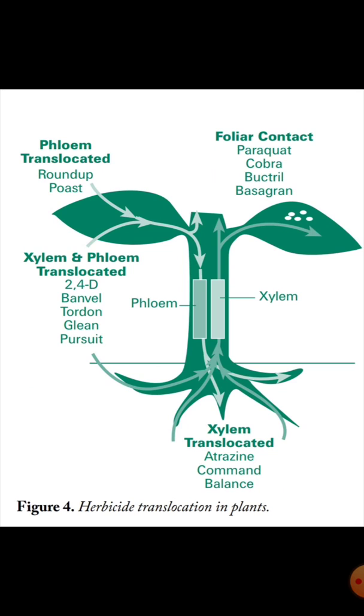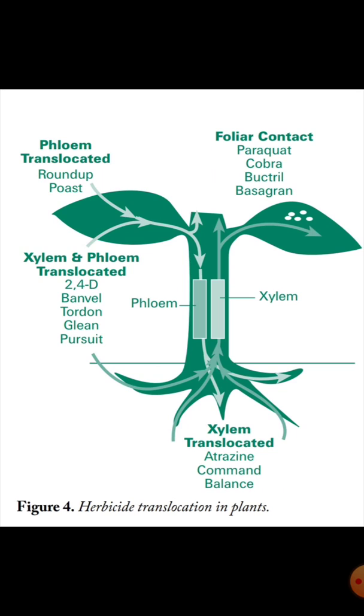The herbicides that translocate with the help of xylem from the root to the leaf part are atrazine, command, balance. The herbicides that translocate with xylem and phloem, both upward and downward, are 2,4-D, benval, tordon, gluon, pursuit.